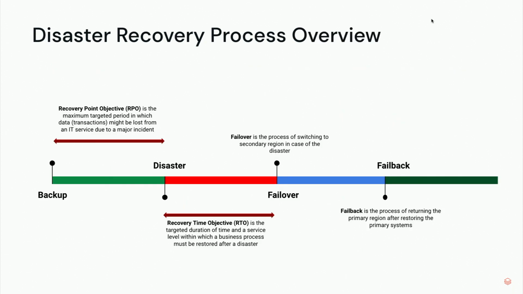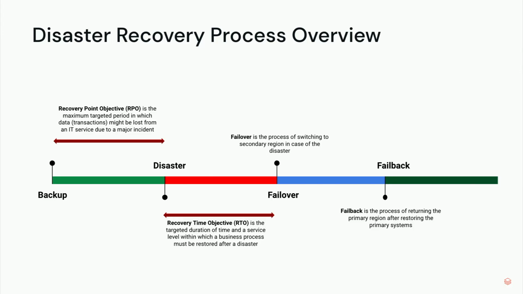So if we look at the high-level disaster recovery process, these are the sequence of events you would have seen in any DR process. Typically, there will be a backup, which will happen frequently. That is taking a snapshot of your data, some of the statuses, application data, or whatever.